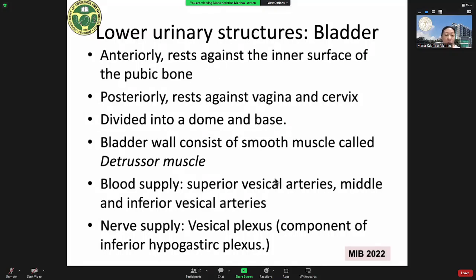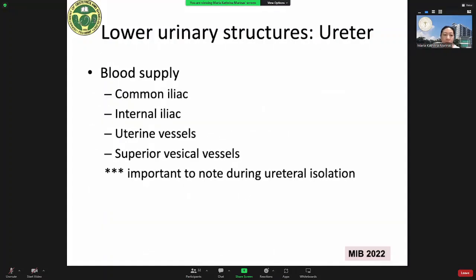The bladder wall consists of smooth muscle called the detrusor muscle. Blood supply of the bladder is from the superior vesical arteries, middle and inferior vesical arteries. Blood supply of the ureter is common iliac, internal iliac, uterine vessels, and the superior vesical vessel.